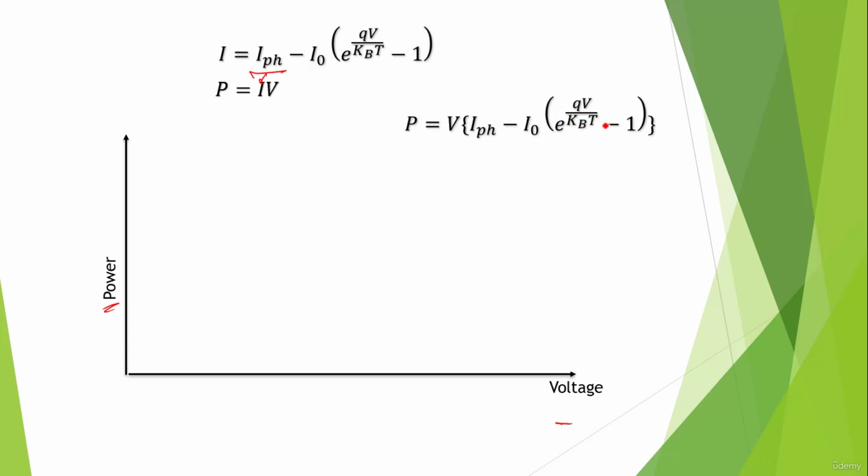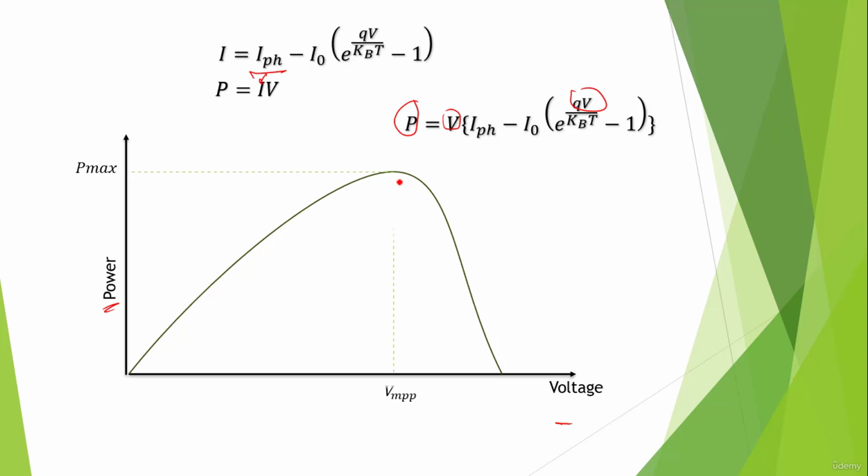When we draw the relationship between V and P, we actually get something like this, with the highest peak value of power called the maximum power, and at this maximum power, the output voltage of the solar cell is equal to the maximum power point voltage, or V_MPP.